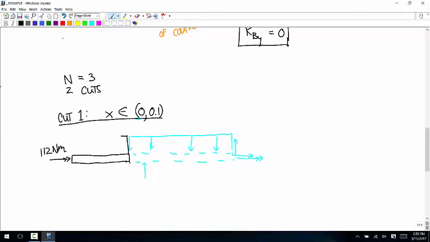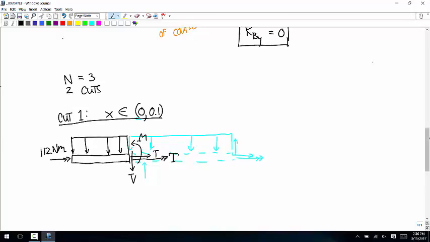We have the distributed load from the weight. We'll figure out what that is in a second. And then we have the internal loads: tension, shear force, bending moment, and torque.